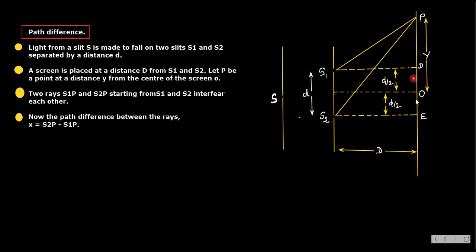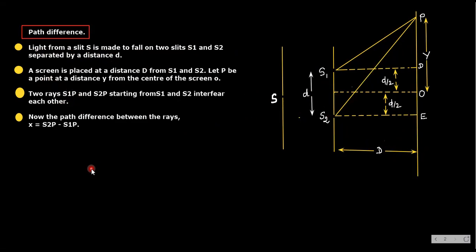And this is the screen, and the distance between the two slits and the screen is D. Now I am selecting one point P where the waves from these different slits are going to reach. Light from a slit falls on two slits S1 and S2 separated by distance d. So two rays, S1P and S2P, interfere with each other at point P.